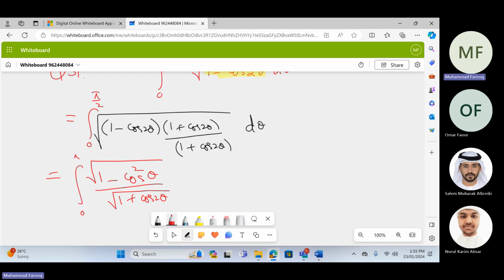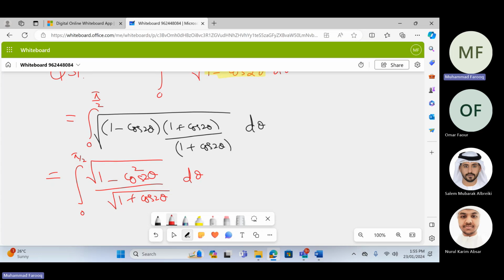That's 0 to pi over 2 and d theta. I got stuck here, I didn't know how to. Sine square. What if I multiply by the conjugate 1 plus cosine of theta? That's fine. Both of them will come under one square root.